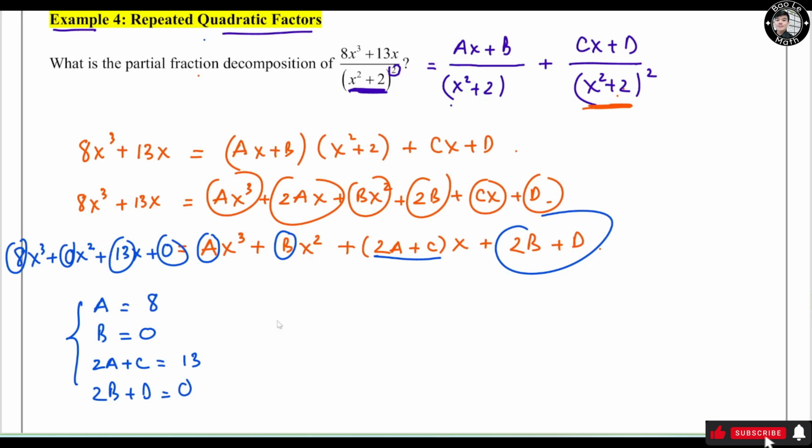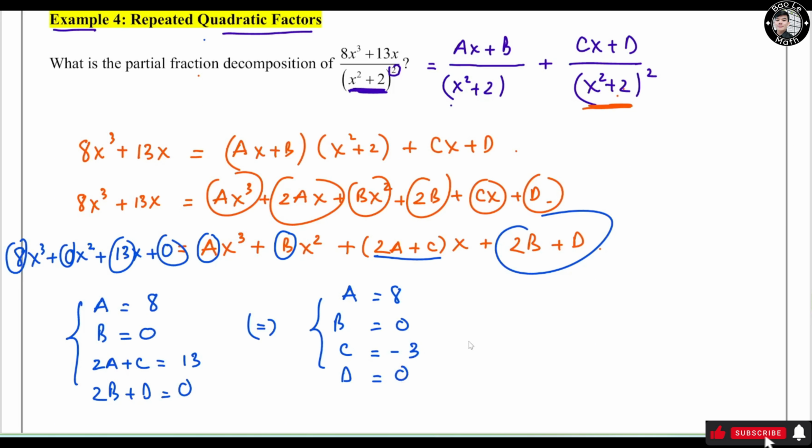So a equals 8, b equals 0. Substitute 8 for a into the third one: 2 times 8 is 16, subtract 16 from both sides, so c equals -3. Substitute 0 for b into the last one, so d equals 0.